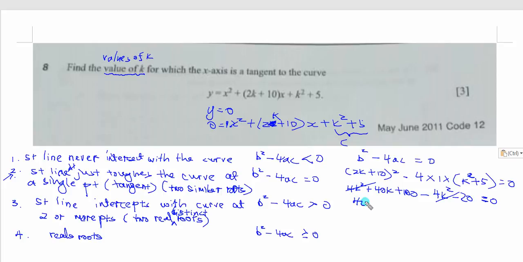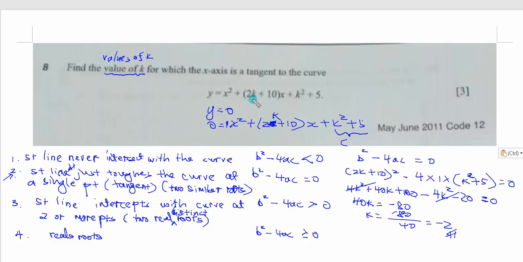So you got 40k, 100 minus 20 gives you plus 80. You bring it over, it becomes minus 80. So k becomes minus 80 over 40, which gives you minus 2. That's it.